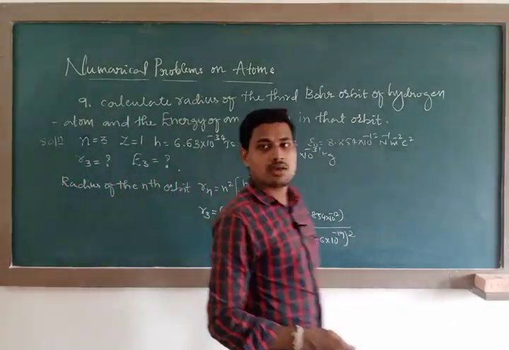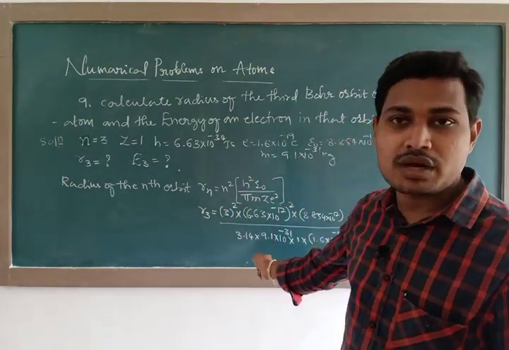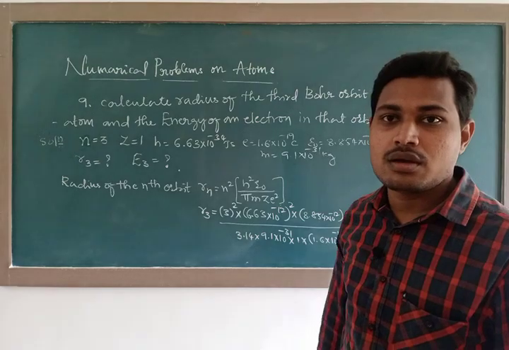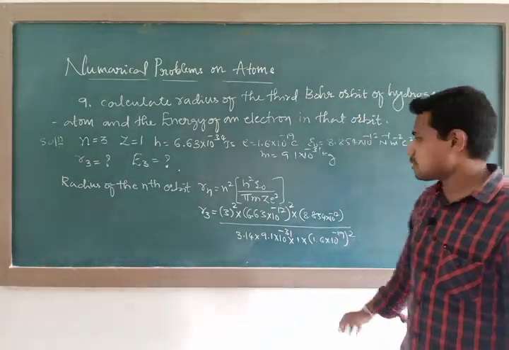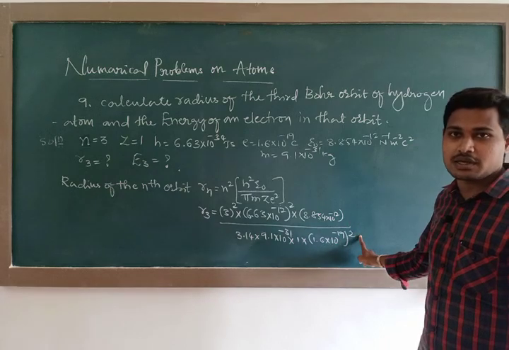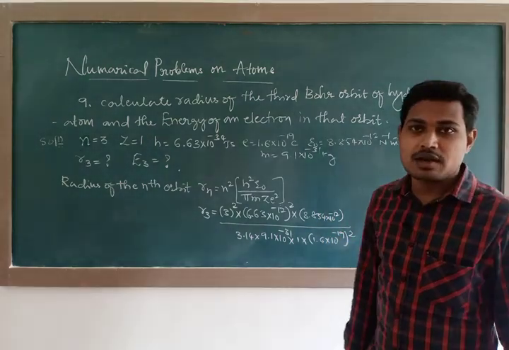First you simplify the powers of the substituted values in that equation. If you simplify that, you are going to get the final answer. You try to do that calculation with the help of calculator.